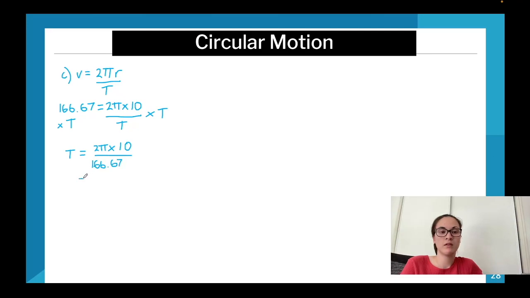Cool. Now I'll put that into the calculator. For this part, put your calculator into radians because we're dealing with pi. So 2 pi times 10 over 166.67.